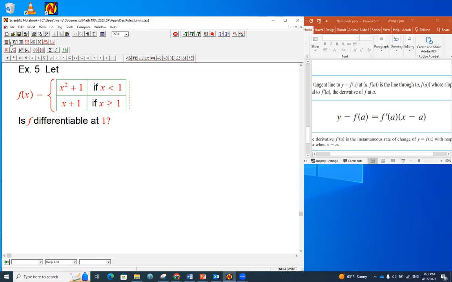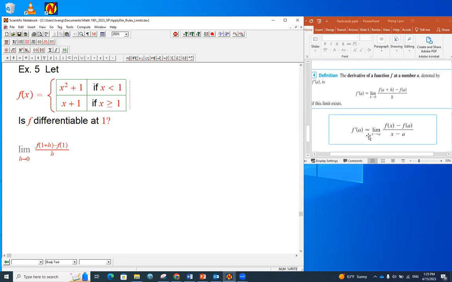Well, we're going to have to examine the limit of the definition as h approaches 0, of f of 1 plus h minus f of 1, divided by h. So we apply the definition to assess whether this limit exists.